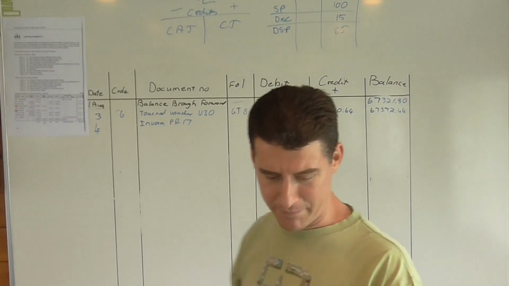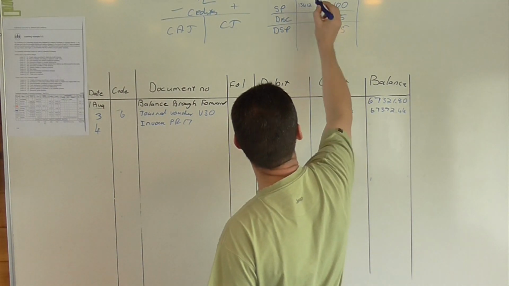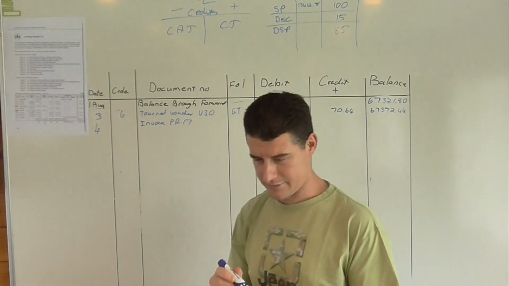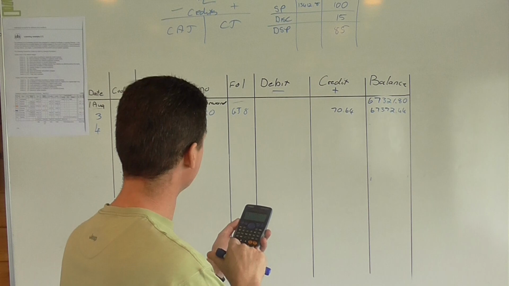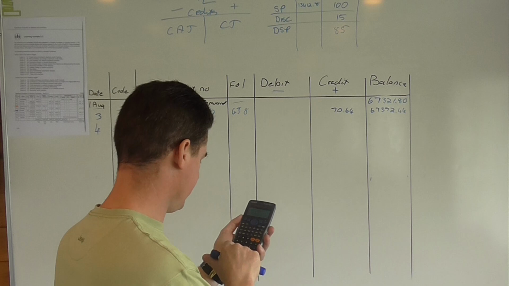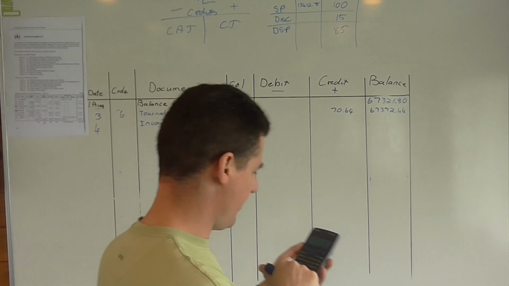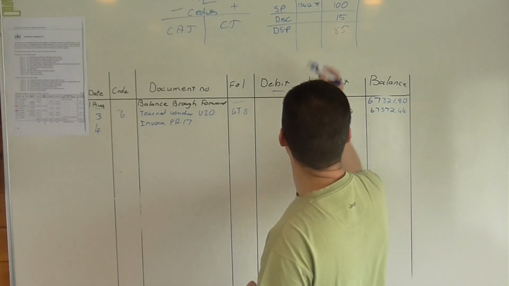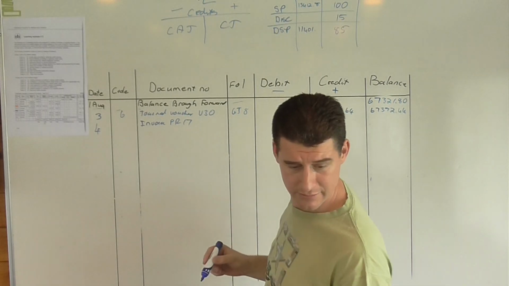So the original selling price is 13412.95. Let's calculate what the discounted amount is. It's 13412.95 divided by 100 multiplied by 85, and that gives you 11401.01.